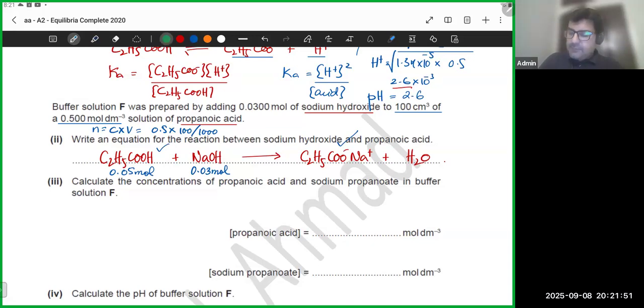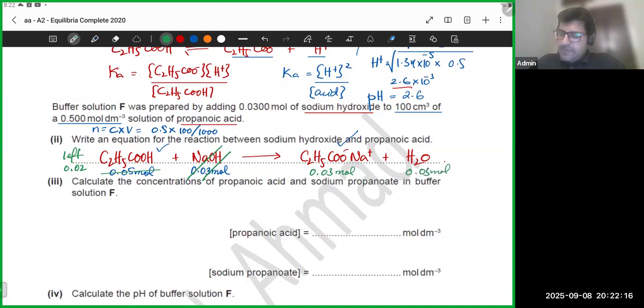Now it's a limiting and excess question. It's 1:1, so 0.03 will completely react with 0.03. That means 0.02 moles will be left, and on the other side it's going to produce 0.03 moles of salt and 0.03 moles of water.